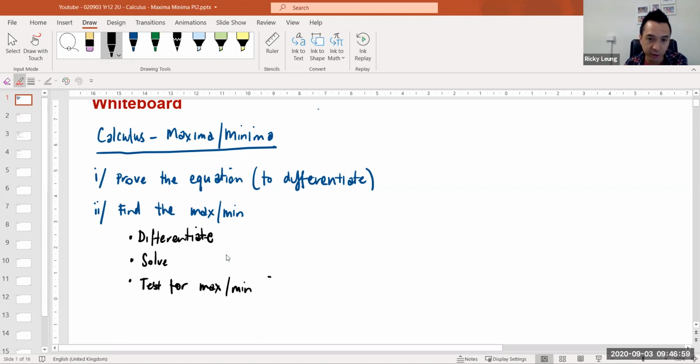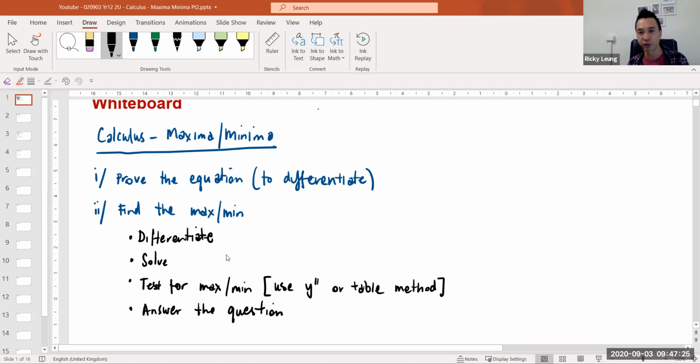By that, you either use the second derivative or the table method. General rule of thumb is that if it's easily differentiable, use the second derivative. Otherwise, use a table method approach. And last but not least, sounds obvious, but answer the question.